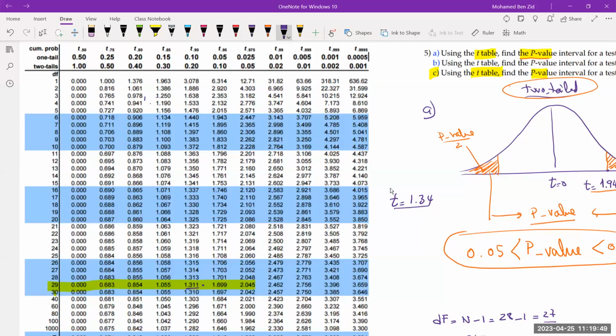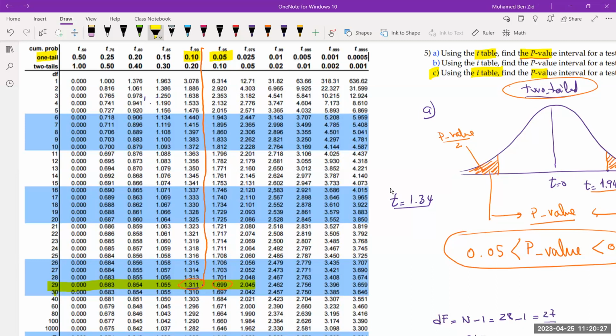All right. But anyways, as long as we don't get an exact value, we're going to put it between two values, right? Two numbers. So my value is going to be between this one and this one. You're going to go up. And remember, you are not in the case of two tails, you are in one tail. So you read the values, and they are closer to 0.1 rather than 0.05.